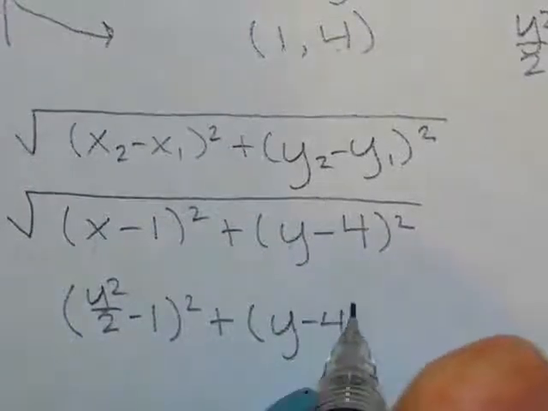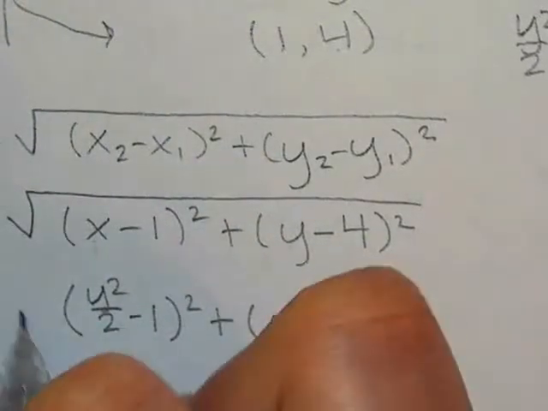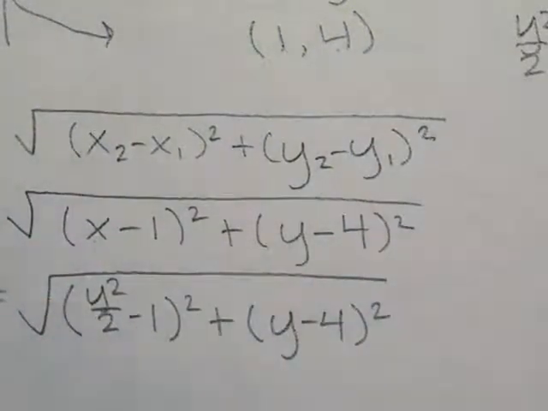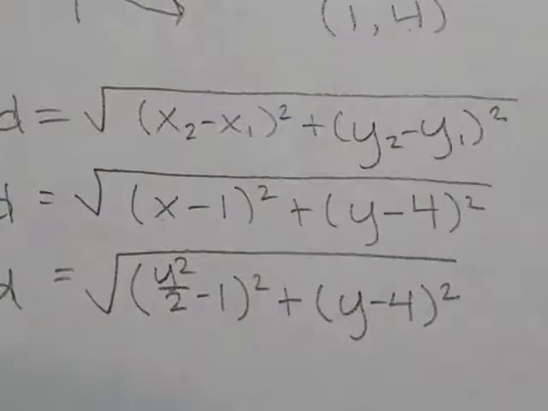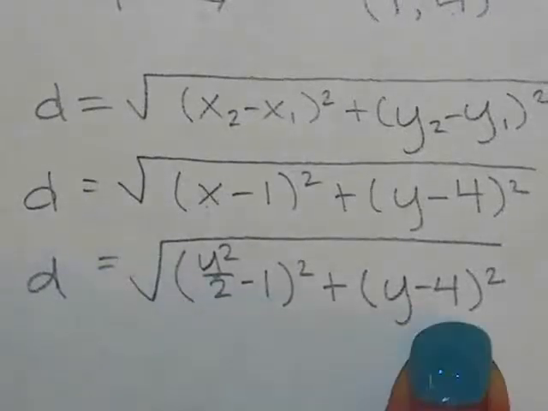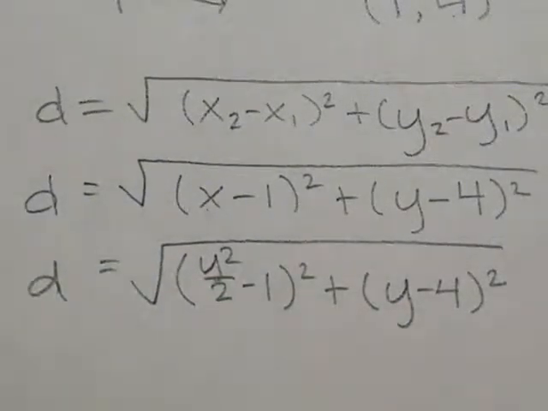Okay? So the whole purpose of that was to get this in terms of one variable. I could have gotten it in terms of x, I could have gotten it in terms of y. It was a little bit easier to do in terms of y because the x had that plus minus with it. Okay?